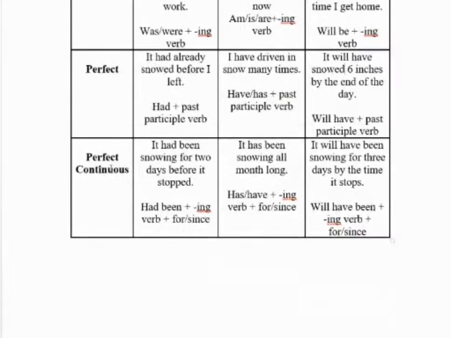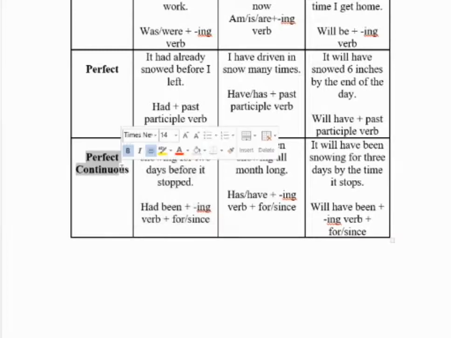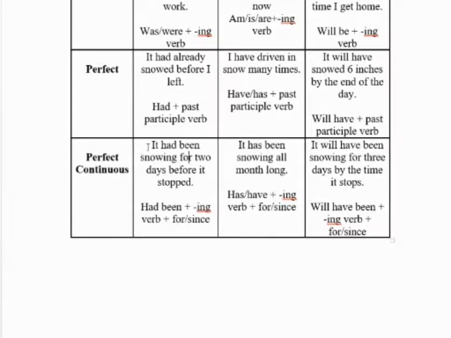Perfect continuous. Well, let's move to the last one. In the past, it had been snowing for 2 days before it stopped. So the rule is had been, because always when we are using the past form of the verb and the perfect continuous, we always use had.